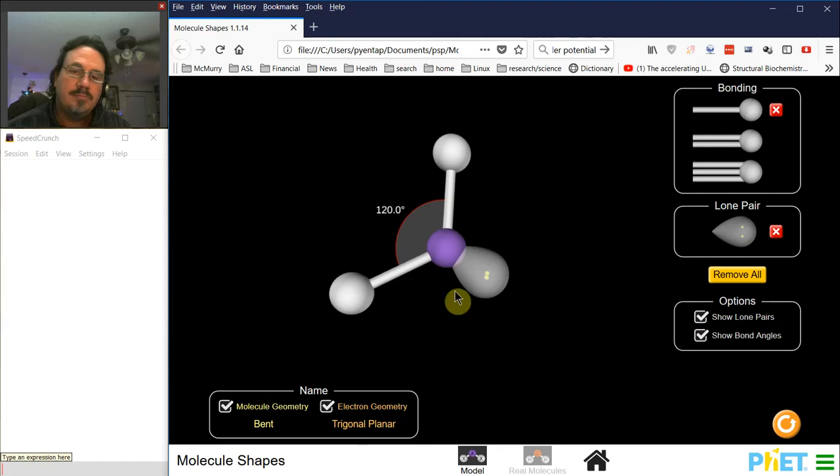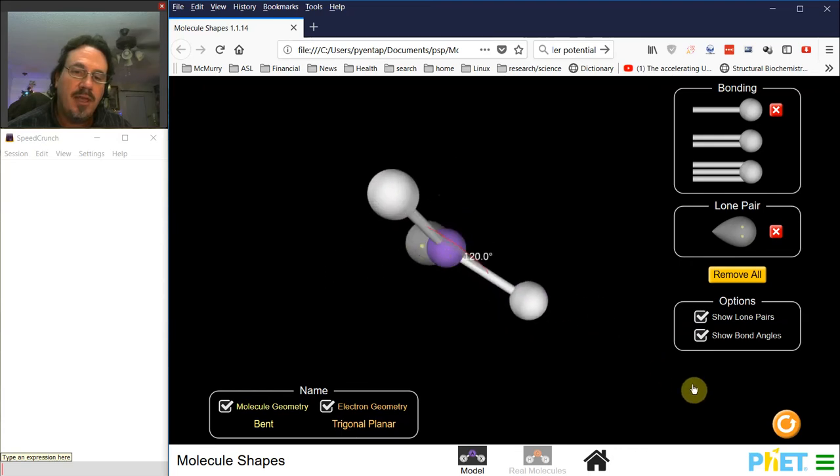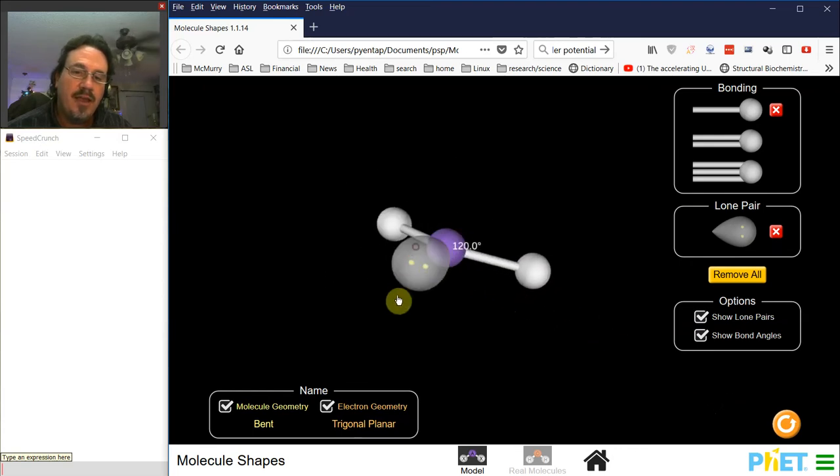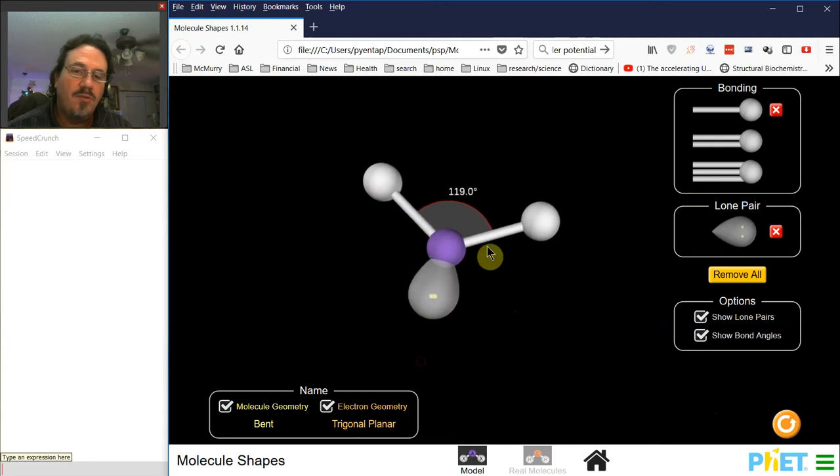Now you see this atom and this lone pair are still in a plane. They're perfectly flat and they're still at roughly 120 degrees. There we go, 120. They're not showing it for here because, again, that's not an actual atom. That's a lone pair that's still taking up that spot, but it's not an actual atom. Okay? So there we go.